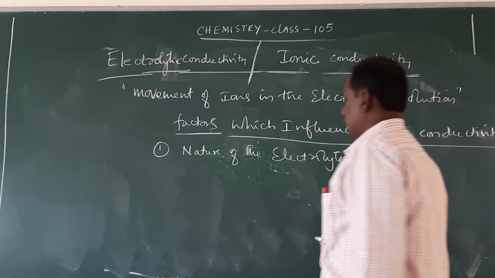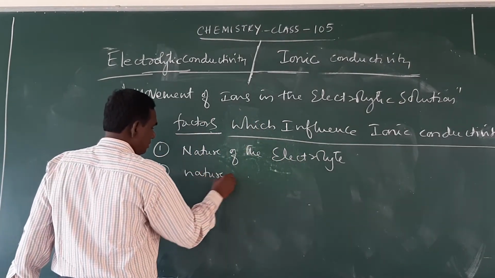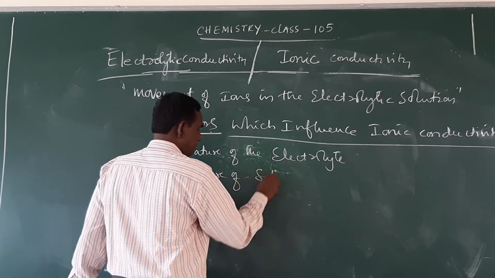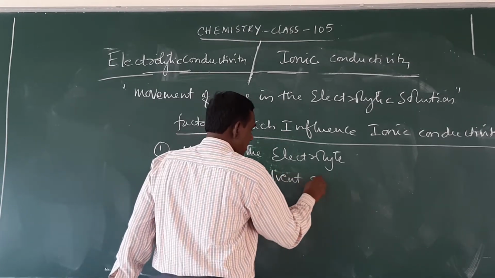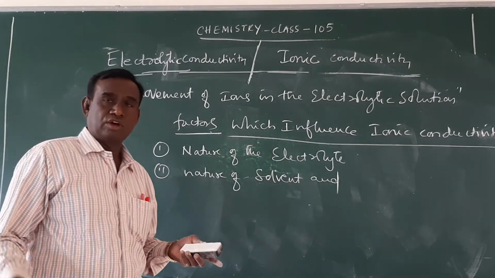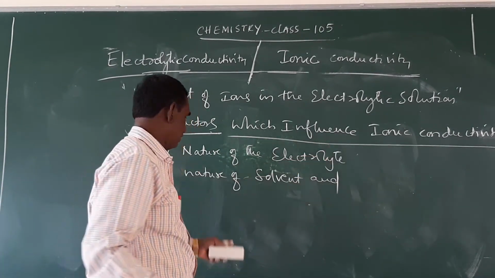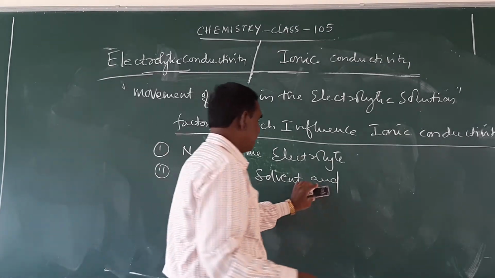Next, second one, nature of the solvent. That means which type of solvent you are going to use to dissolve this solute, that is called the electrolyte. Nature of the solvent and its viscosity.